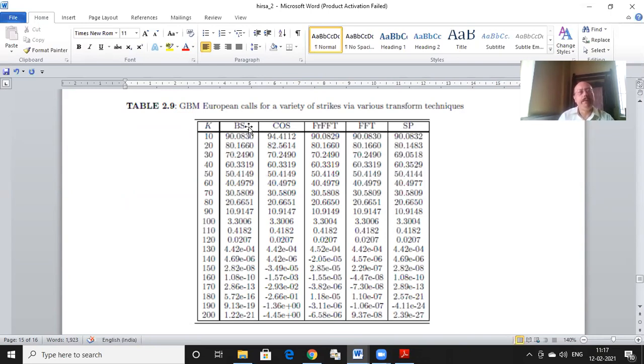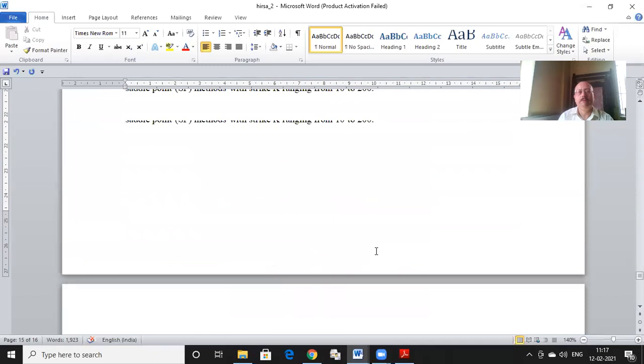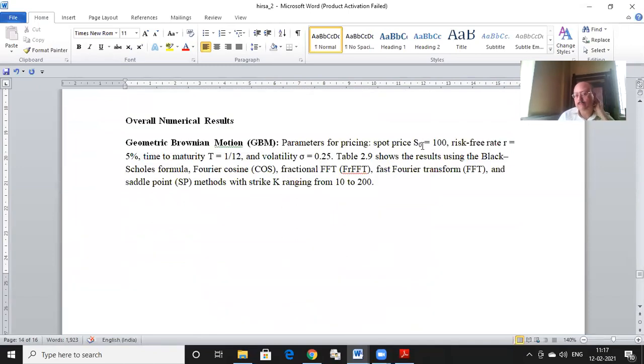And of course, the Black-Scholes is analytically computed, so it is exactly correct. So this is our benchmark, and we are looking at these three other methods for different strike prices. So again, it's a similar situation. I have initial stock price 100, and these are the other parameters.